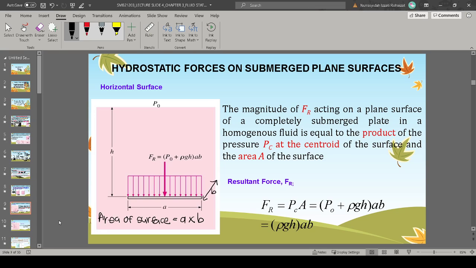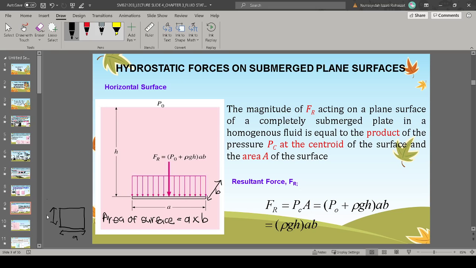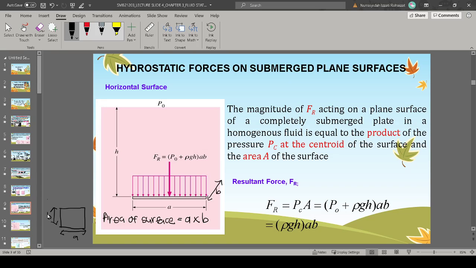If I draw it back, this is your flat object, this is your A, that is your B. Because this is a horizontal surface, everything is at the same height, so your magnitude of forces will be the same.